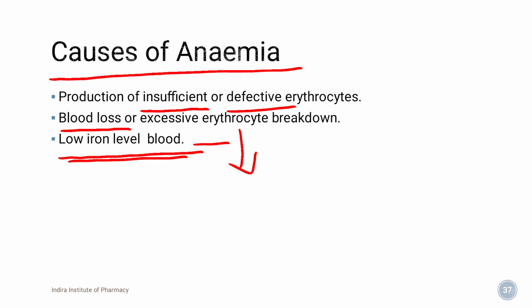So if RBCs are formed in sufficient amount, but, say, 100 RBCs are formed and at least 90 of them are getting degraded or broken down, the ratio will be less, right? The amount that is formed is not meeting the requirement of the body, as an excessive amount of erythrocytes are getting broken down.